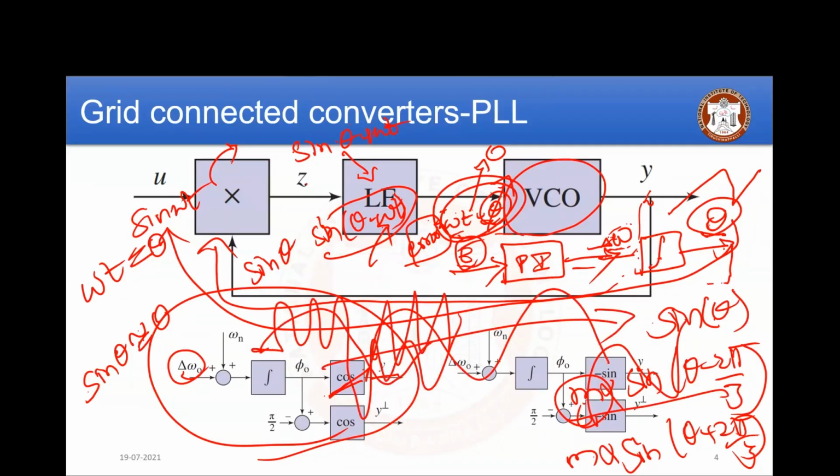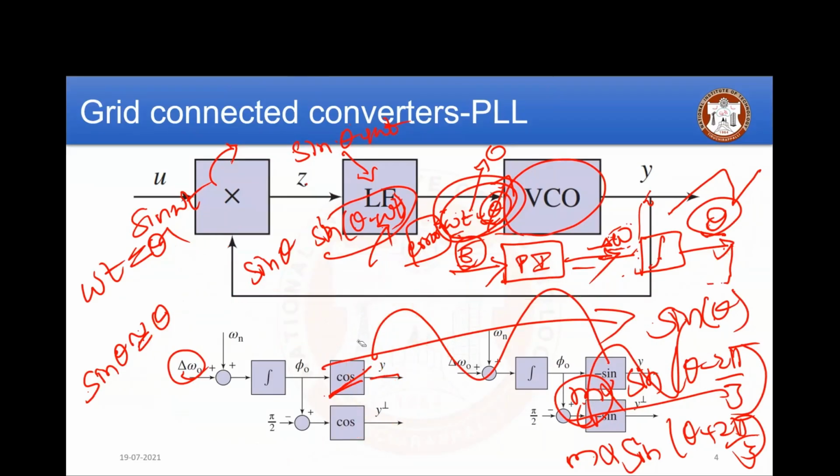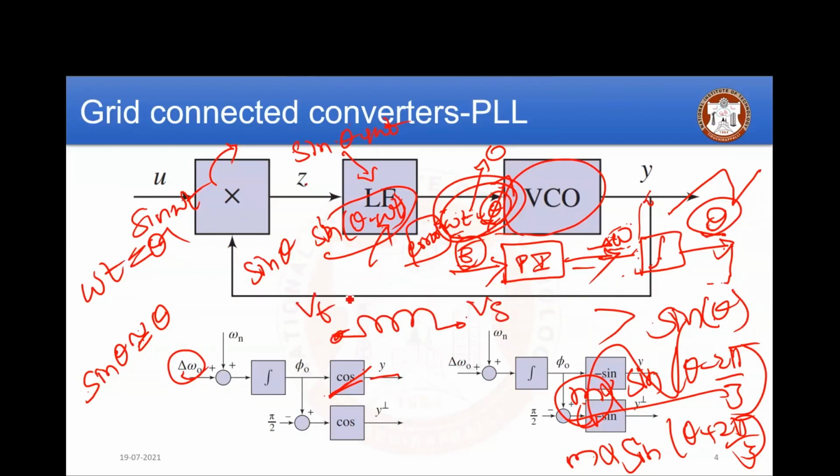If you want to inject real power, obviously, suppose the network that you have is your Vs and it is your Vt after the inverter. If these two have some difference in phase, theta, then you are going to inject a specific amount of real power. If you want to inject reactive power, you need to change magnitude.